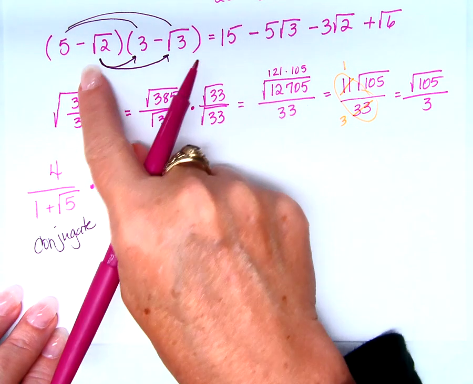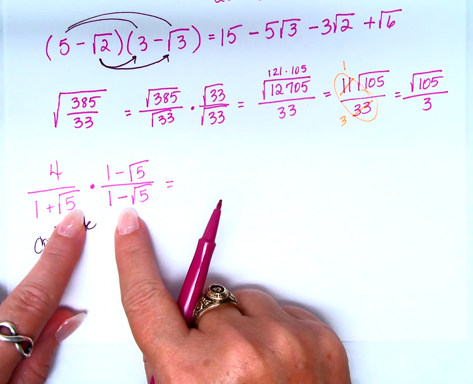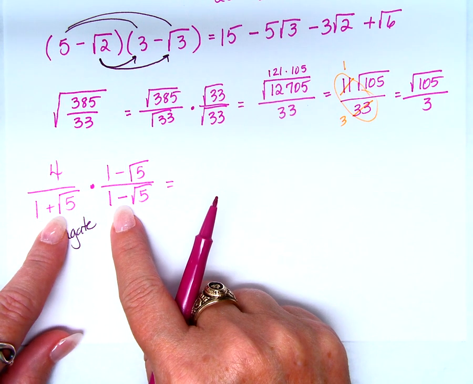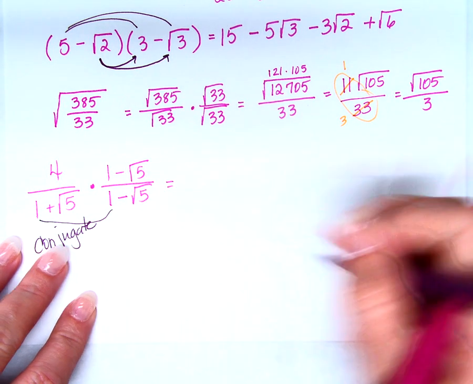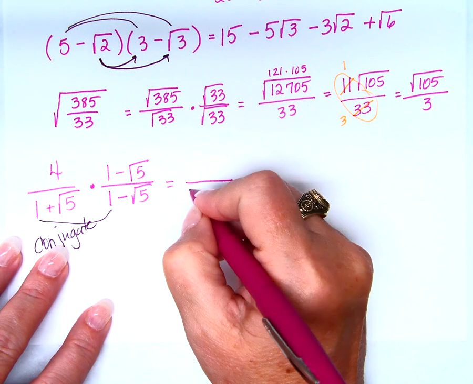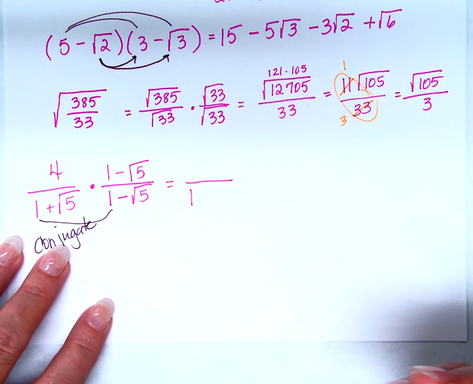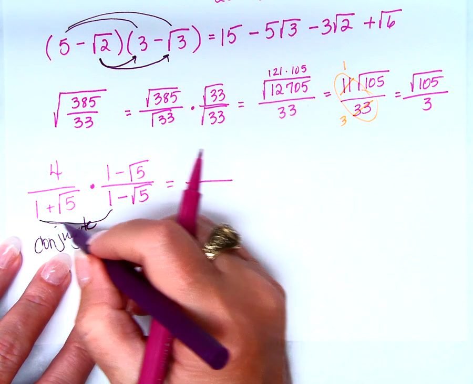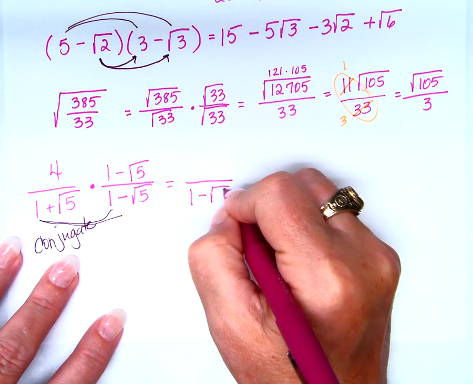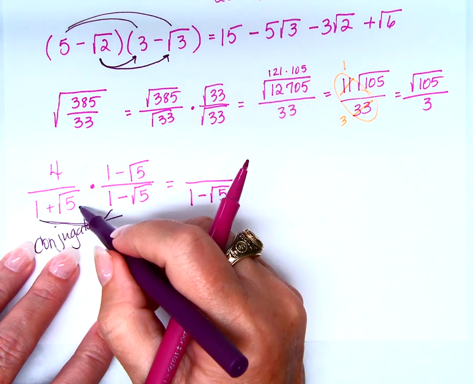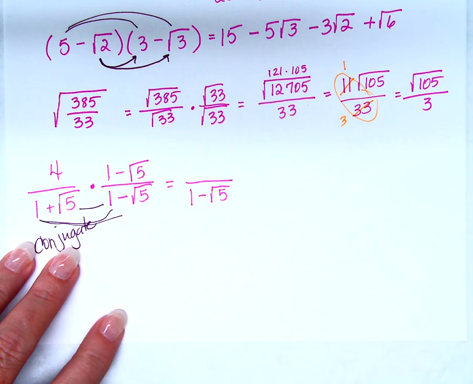Now, knowing what you know from right up here, what do I do with this? I distribute, right? So what's 1 times 1? 1. Oh, is it okay if I start in the denominator? Yeah, okay. What's 1 times negative square root of 5? Negative square root of 5. What is the square root of 5 times 1?